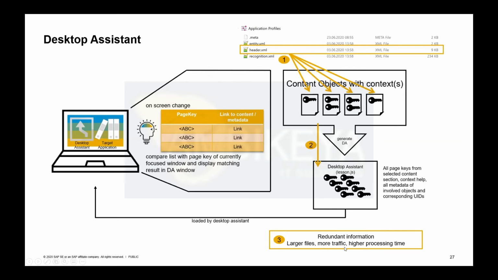We were just too noisy in the network after a while. And that was the other backside of the coin, the processing time going through that huge list, always comparing one by one with this header, whether the page key that is actually existing in my targeted application applies to one of them, one by one, just led to high processing time, which was actually the root cause for the delay mentioned earlier.